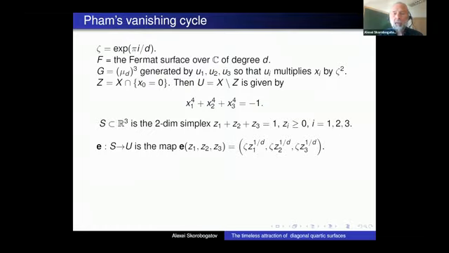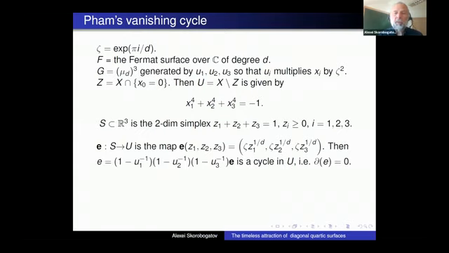But we can eliminate this boundary by using the action of the group G as follows.